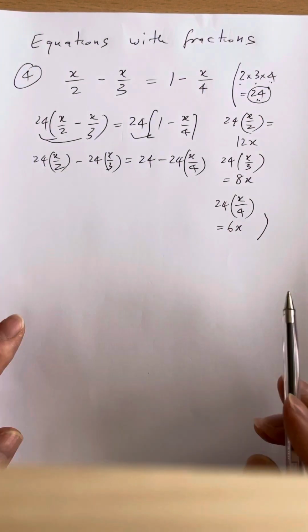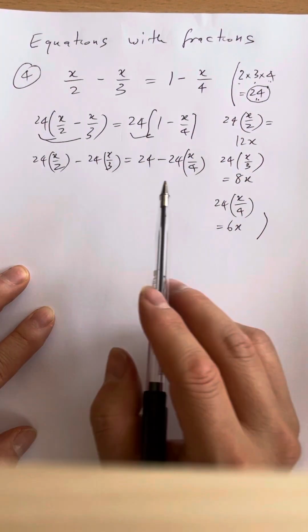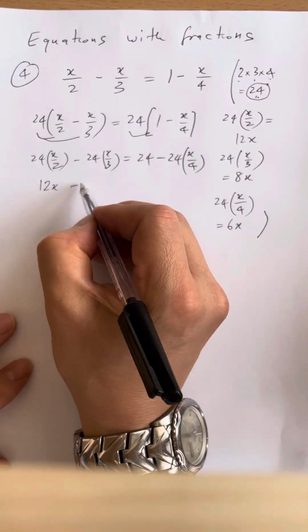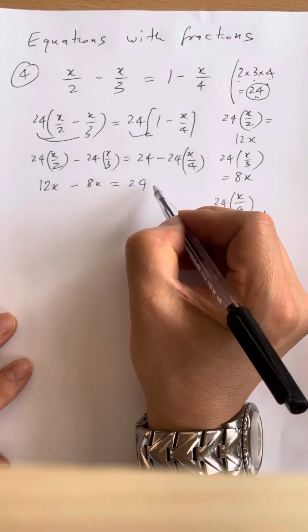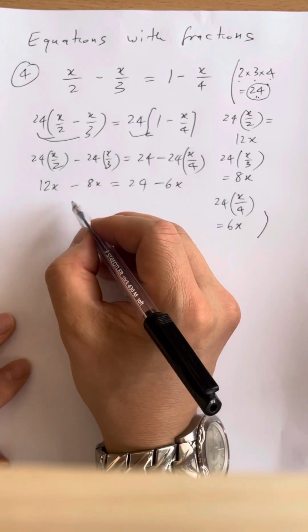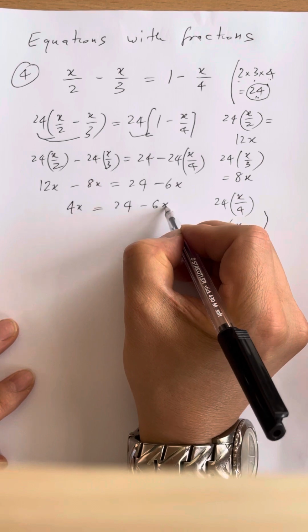Now, when you're skillful, you can skip that step because you've done it on the side here to make this step much faster. So you end up with 12x minus 8x equals 24 minus 6x. So on the left is just like terms, so you end up with 4x is equal to 24 minus 6x.